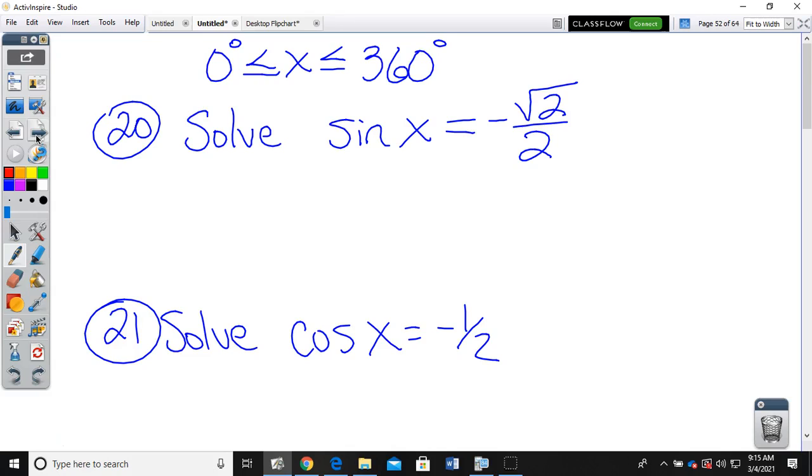Now, the way you'll know when you get 1 or 3 answers: if one of your answers is an angle that's on an axis, in other words 0, 90, 180, or 270, those are the angles that might have 3 answers or 1 answer.